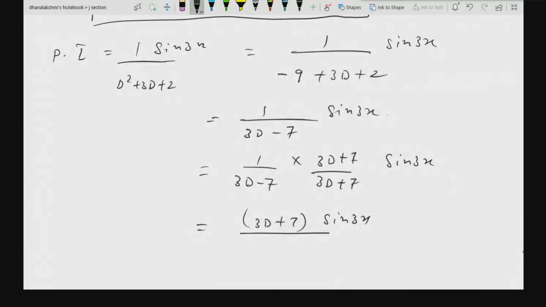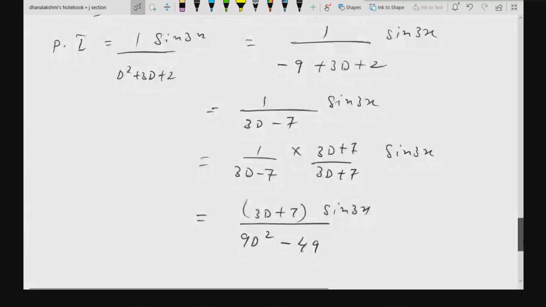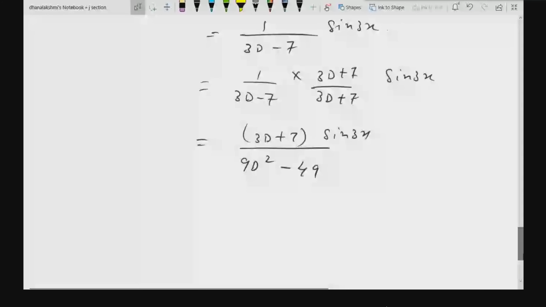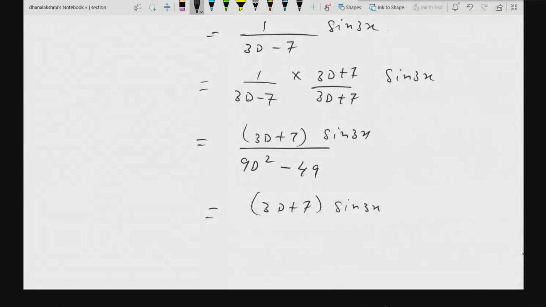What will be the denominator now? It will be 9D² - 49. Again, in the denominator you have D², so apply D² as -b² and check whether it is 0 or not. So 3D + 7 in the numerator as it is, sin 3x as it is. The denominator will be 9 into -9, again minus 49.